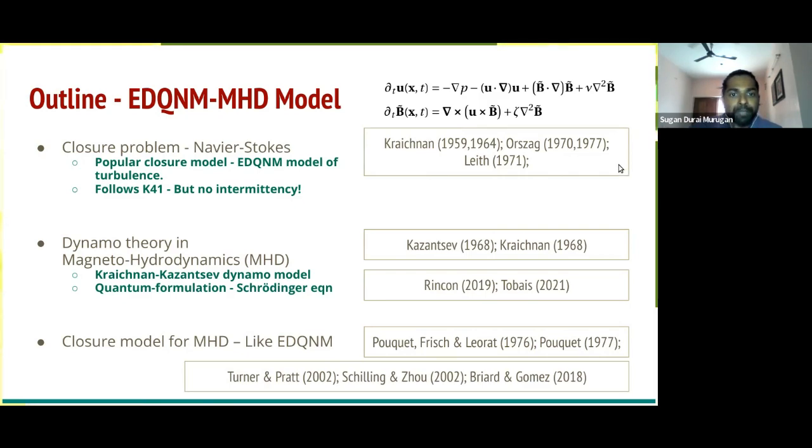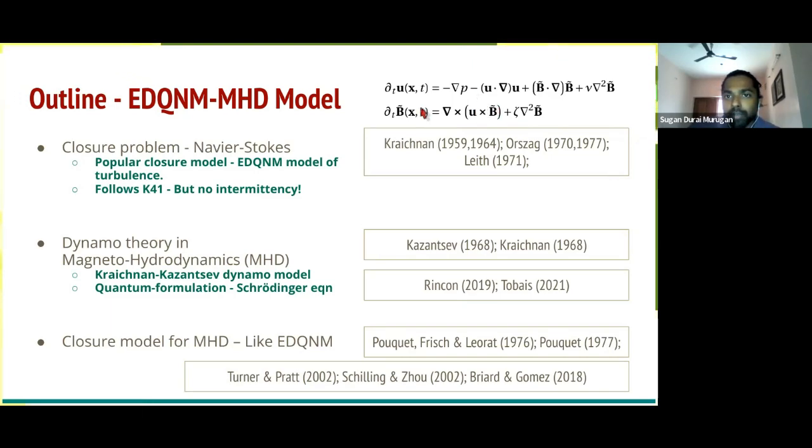On the other hand, the magnetohydrodynamic equations pose the so-called dynamo problem, which is basically: can a magnetic field in a turbulent fluid be sustained just from the interactions with the velocity field?